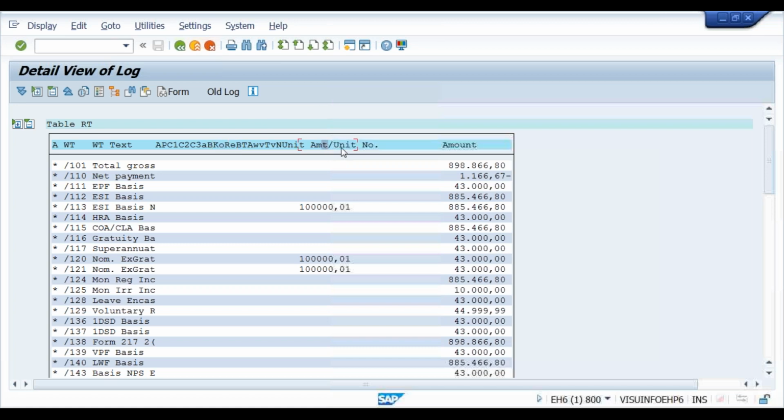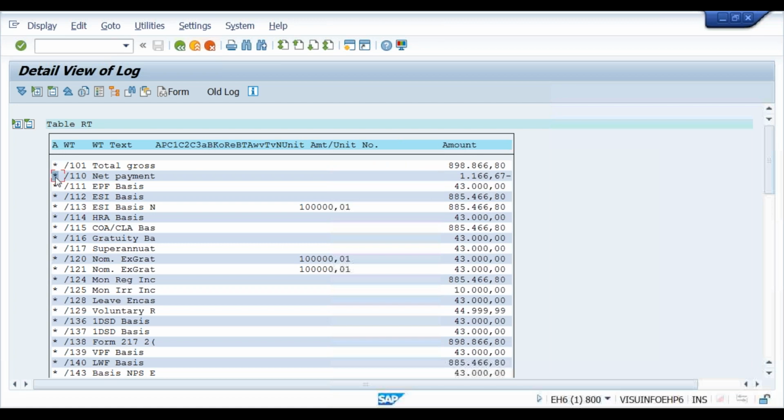See, amount per unit. Amount per unit is nothing but the rate, and a number field, and amount field. So waste type code, waste type text, rate field, number field, and amount field. But along with this, there are some indicators here.